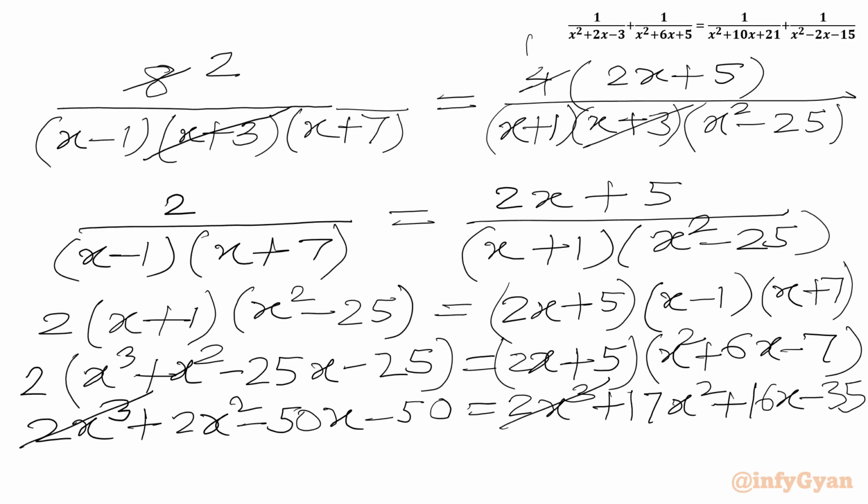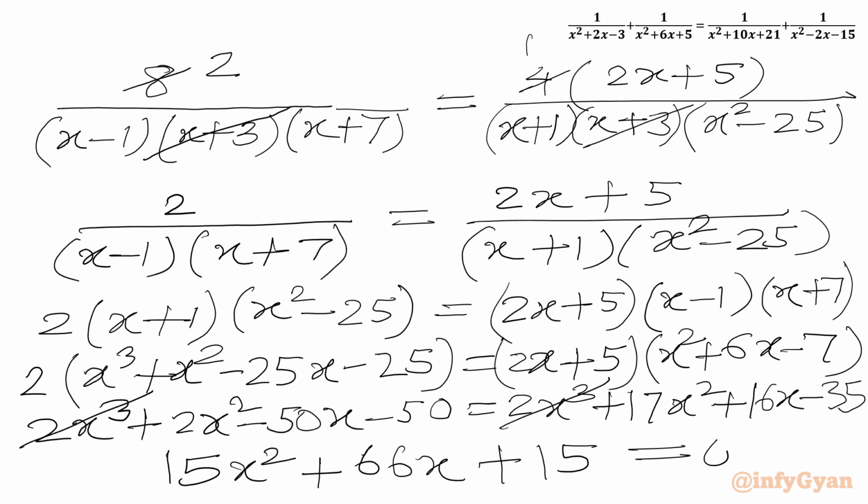Now we have to take all the terms to the right hand side. We will get 17x square minus 2x square, 15x square, 16x plus 50x, we will get 66x. Now we have minus 35 plus 50 in the RHS, which is 15, equal to 0.